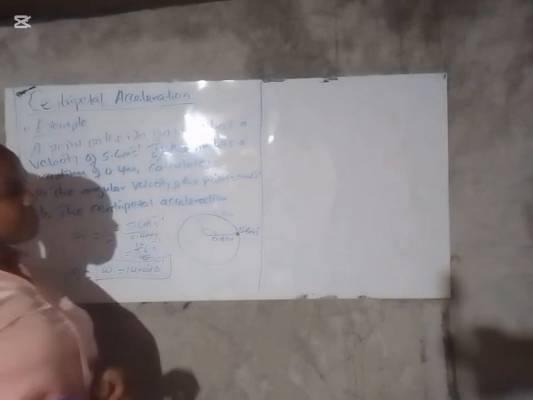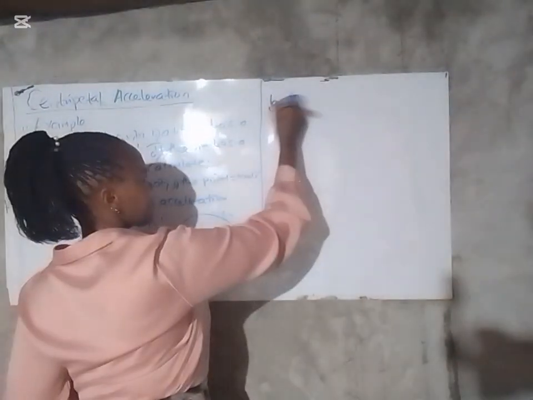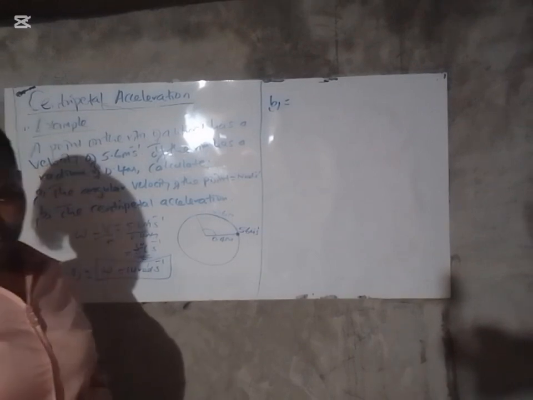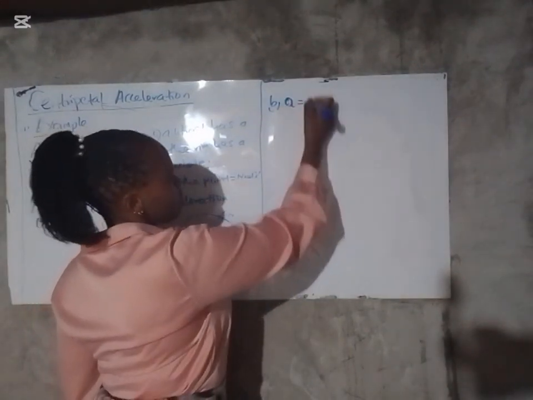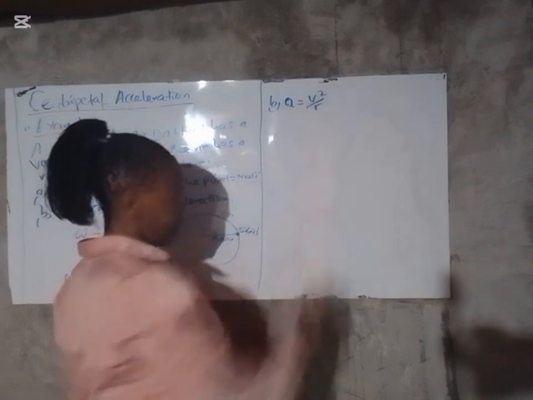Part B of that question, so this is A. So part B, we need to calculate the centripetal acceleration. Now centripetal acceleration A, we saw it as v squared over r.